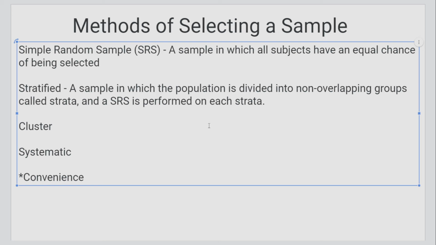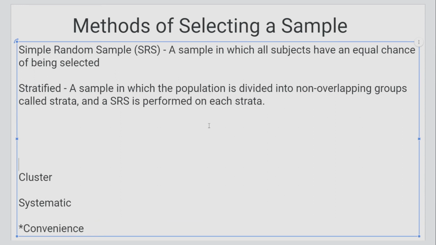So in a stratified, I'm just gonna draw an example here and then erase it. So for example, again, I might do a research of Crick students, right? And I might go, okay, I'm gonna divide the whole student population into their grade levels, because the grade levels are non-overlapping, right? Every person is in one grade and one grade only. And then I'm gonna take 2 people from each grade, right?